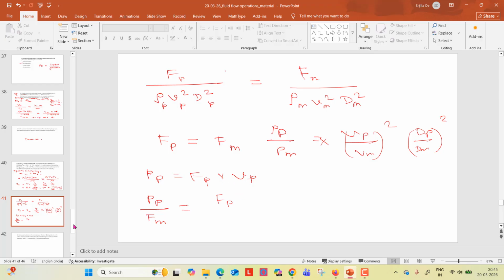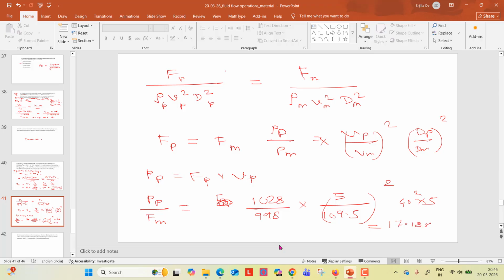So Fp by Fm will be this, so it is rho p by rho m, that is rho p is 1028 by rho m is 998, into Vp, Vp is given 5, by 109.5 whole square, into 40 square, into another Vp from this, so it equals 17.18 meter per second.